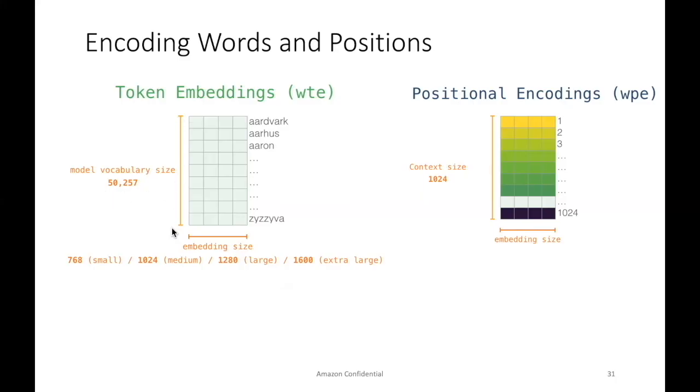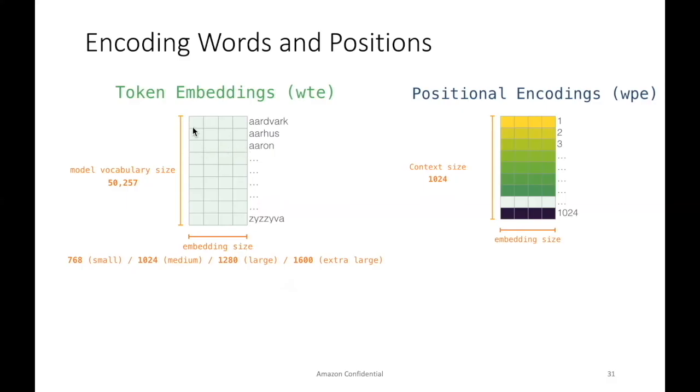The embedding size, which is the number of columns in the table, will denote what size of hidden state or what number of embeddings we want to use for each word. So for example, here one word will be represented by this many columns. This will have arbitrary numbers which will be trained during the model training, and they will begin to represent the word as the model is trained further and further.